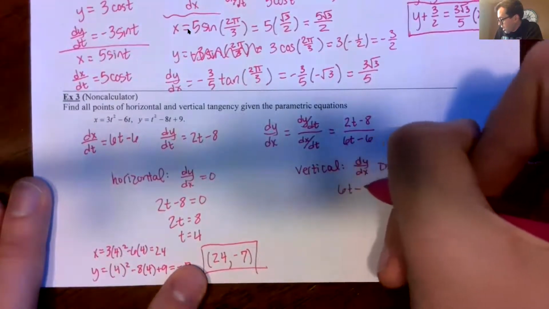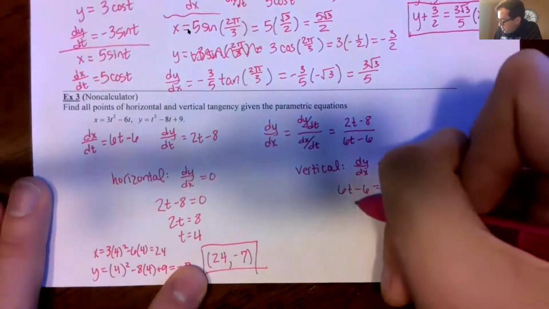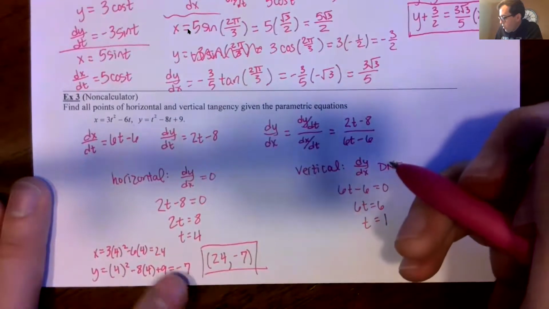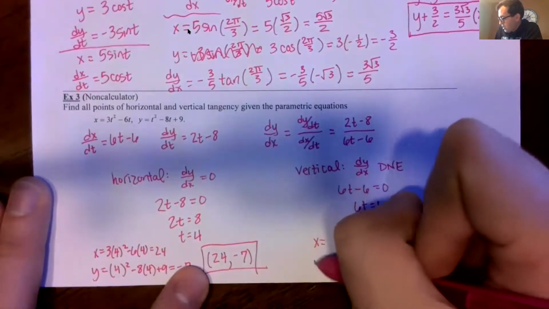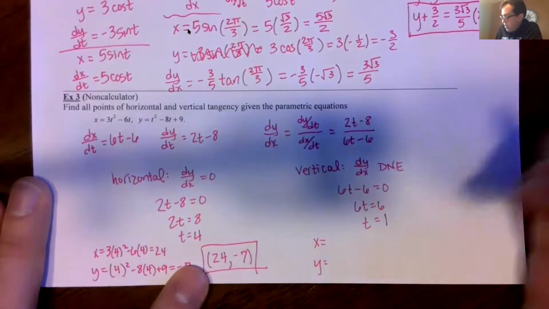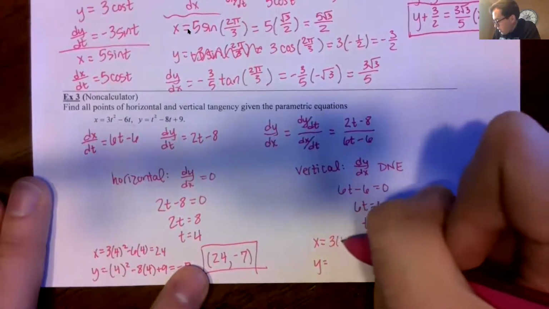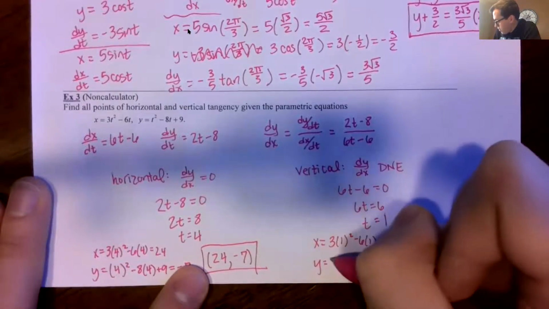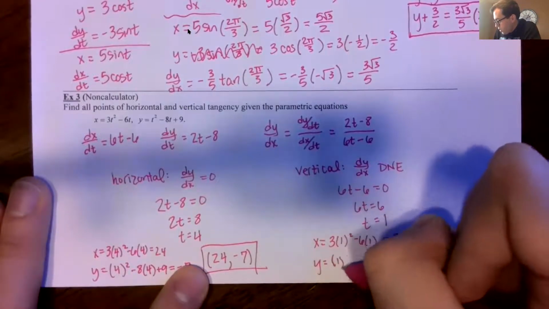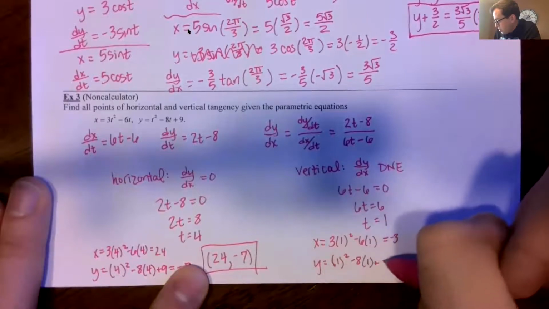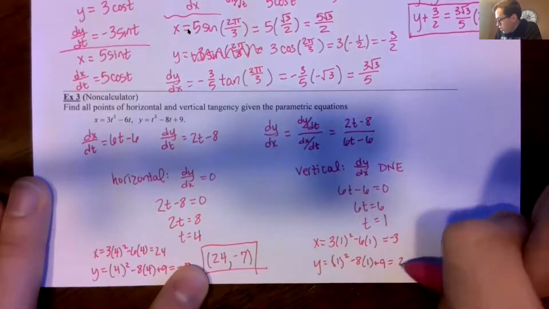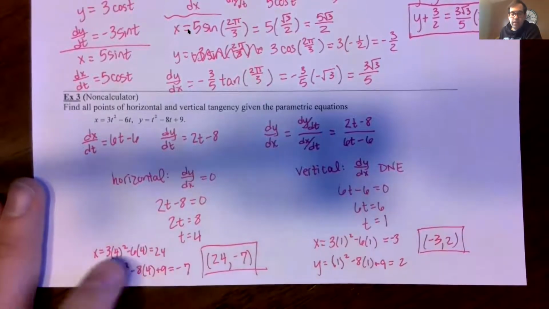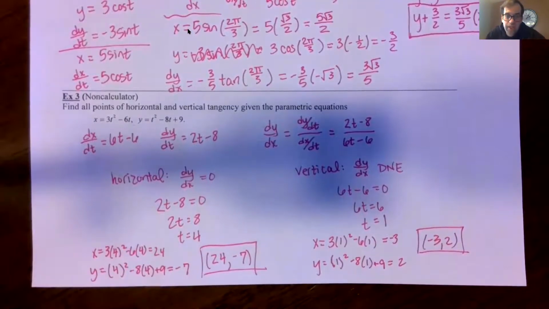So we're going to set the denominator equal to 0 this time. And t equals 1. So now we're going to plug in 1 for every t in the x and the y's to figure out the ordered pair this time. So we've got 3 times 1 squared minus 6 times 1, or -3, and 1 squared minus 8 times 1 plus 9, or 2. So we've got -3 comma 2. So that point is going to have a vertical tangent line.